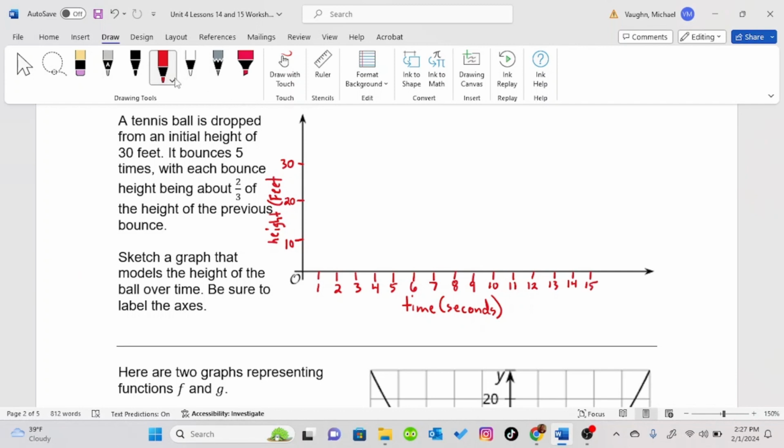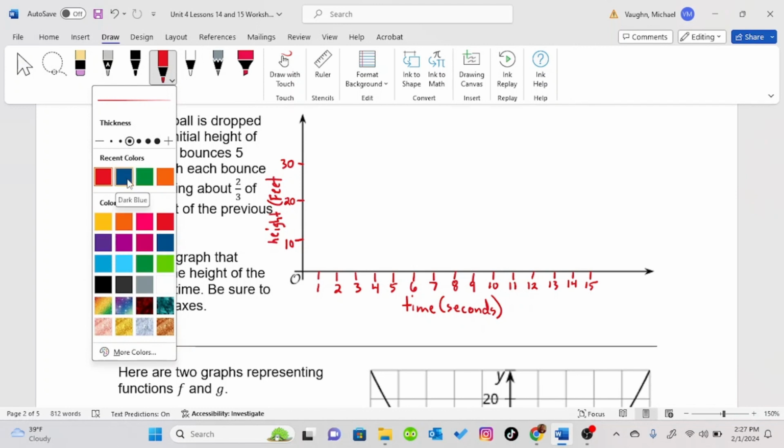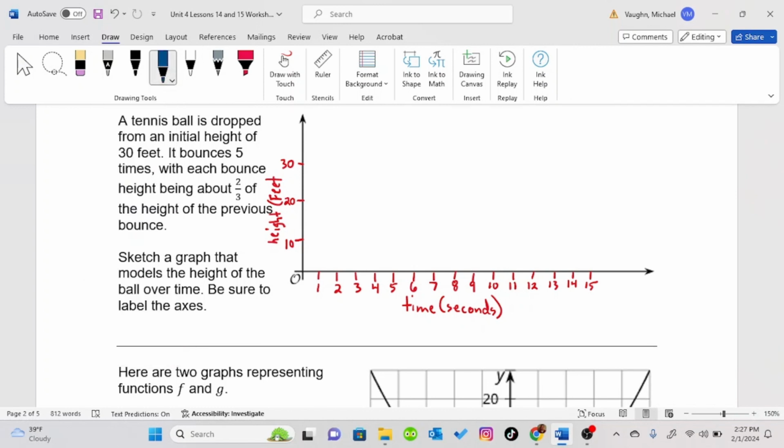So we know that the ball is going to start at 30 feet. So we could put our first point on the y-axis at 30 feet. We know this ball is going to fall and it's going to hit the ground. Maybe we say 2 seconds. Now when it bounces, it's only going to bounce 2/3 of that.